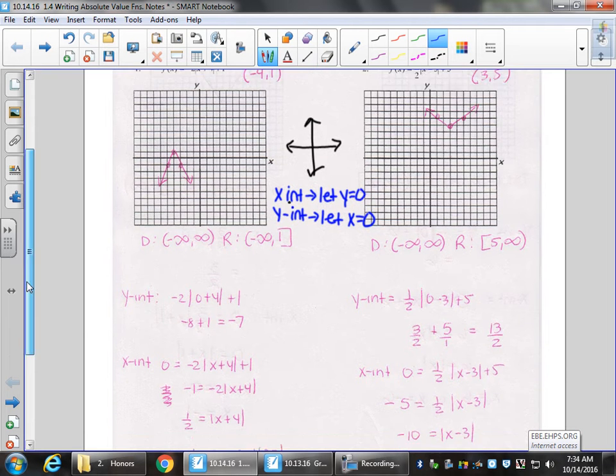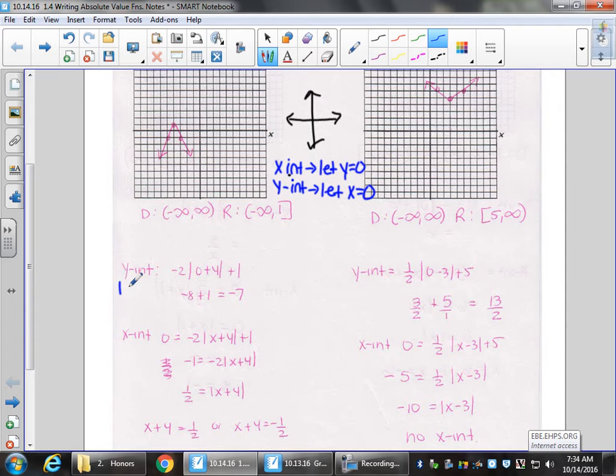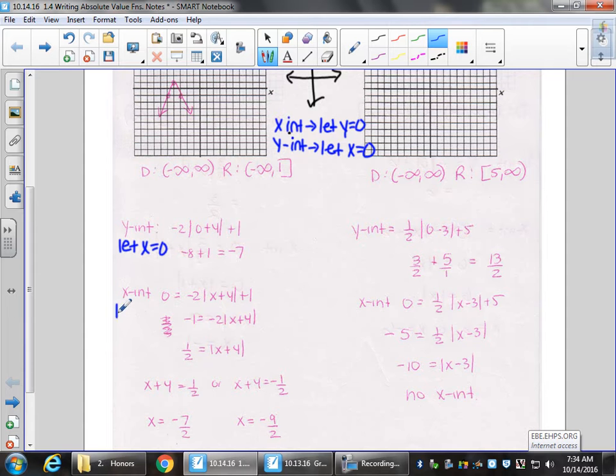For the y-intercept here, let x equal 0. For the x-intercept, what is 0? So take a second. We have the space. Work on it, let me know how it goes, and you can check your answers as you work.